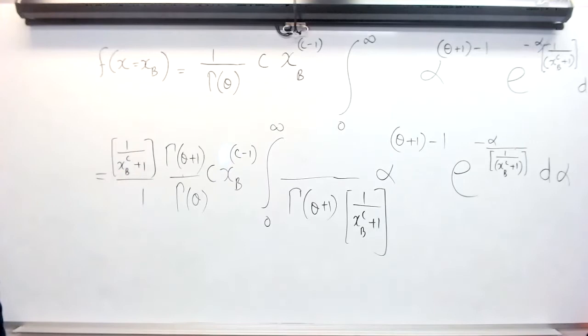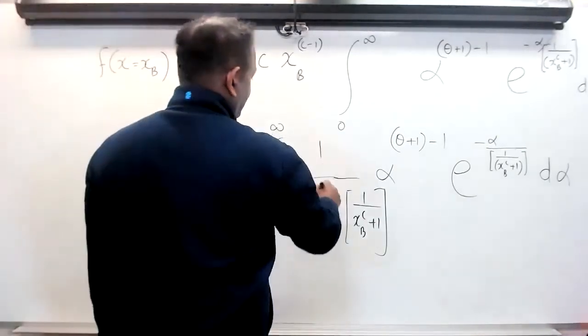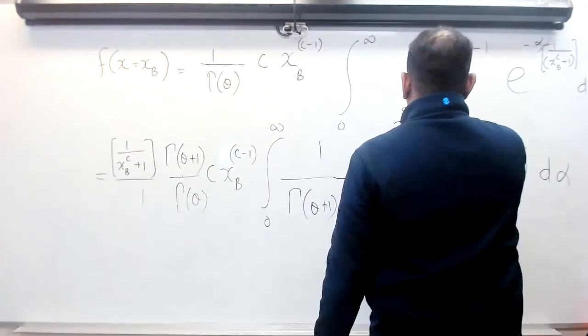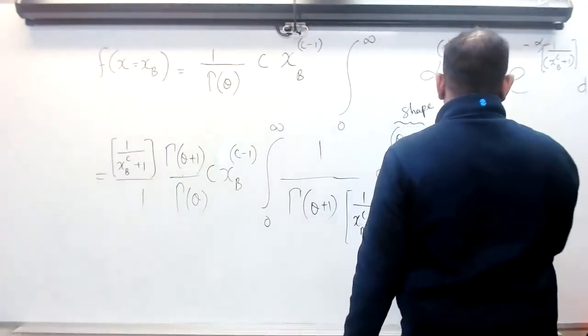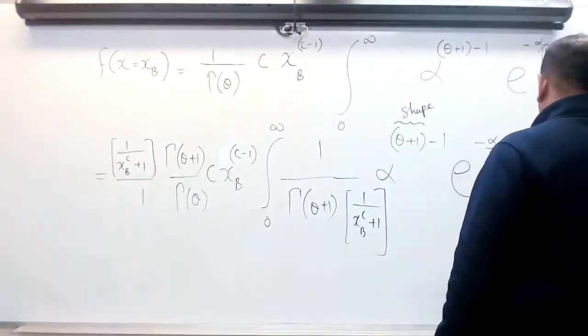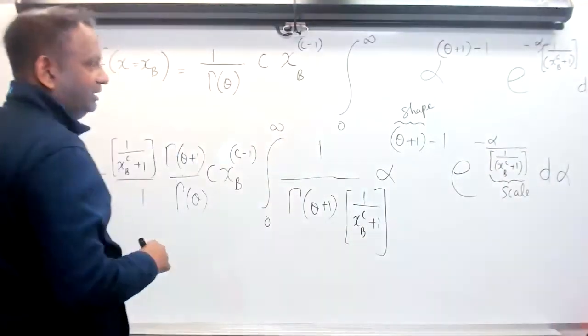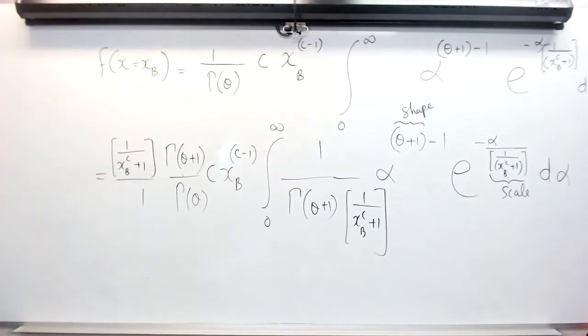See? You should put this one. See, I just put this one. This is like my shape. This is like my scale. For gamma, shape parameter and scale parameter.